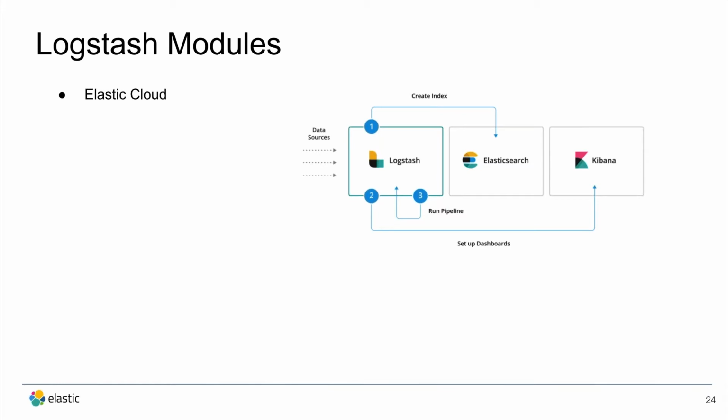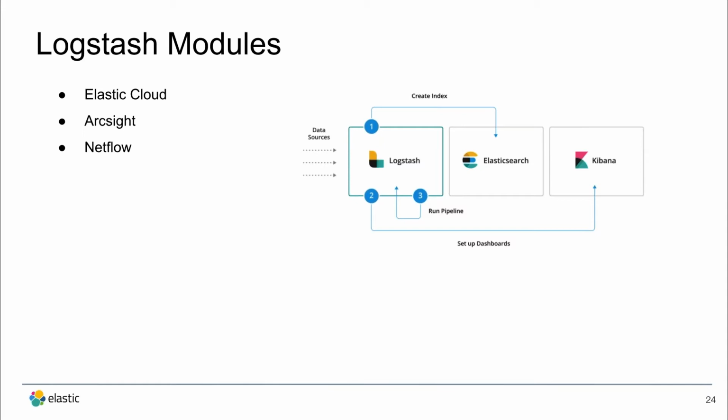Today there are 3 Logstash modules available for you to use. They are Elastic Cloud, ArcSight, and NetFlow. Elastic Cloud is a cloud offering from our side, where you could integrate your existing Logstash infrastructure with Elastic Cloud, and you would get all sorts of data into Elasticsearch as well.